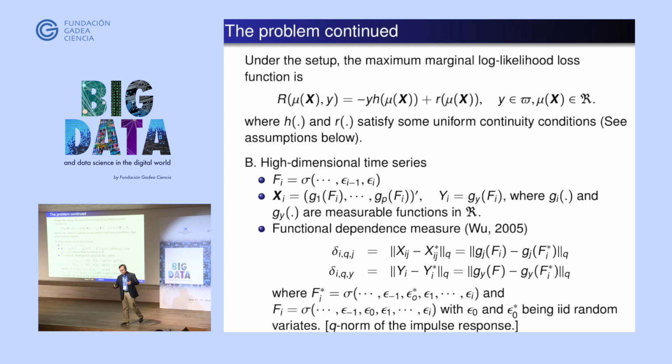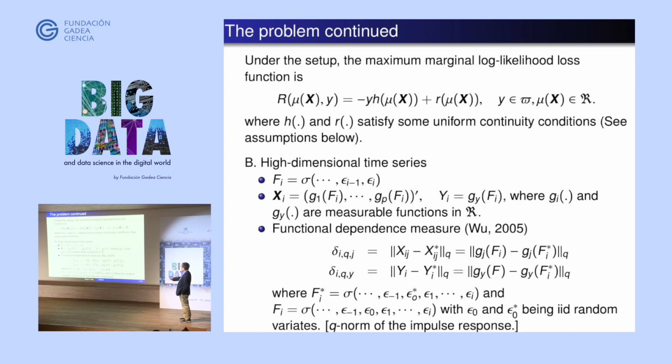Here, we like to use the work by Wei Biao Wu to quantify that more directly, based on what people call the impulse response or cumulative impulse response. Those are the ways in time series analysis you can see how that impacts things. So i will be the time, and x_i is p-dimensional.